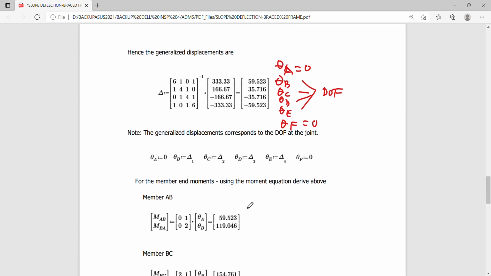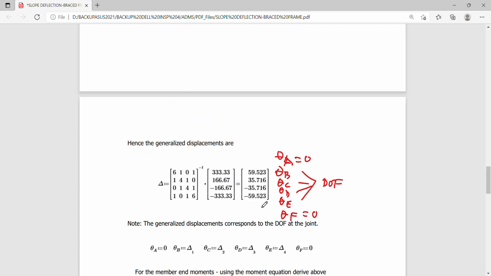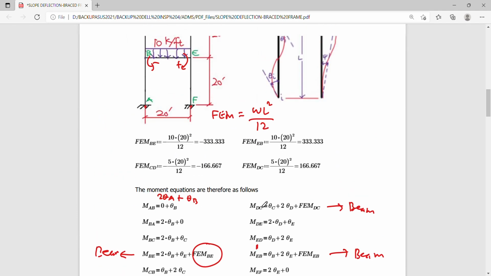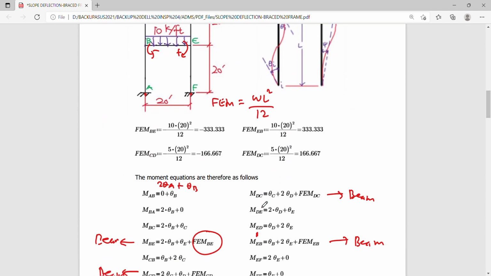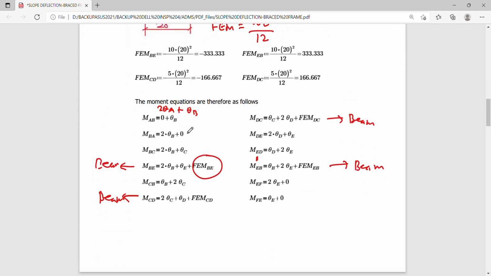So for the member end moments, we simply go back to the moment equations per member which were derived here on the basis of the slope deflection equation. So this MAB will be paired to get your member moment. The member BC and CB will be paired to get your member moment.